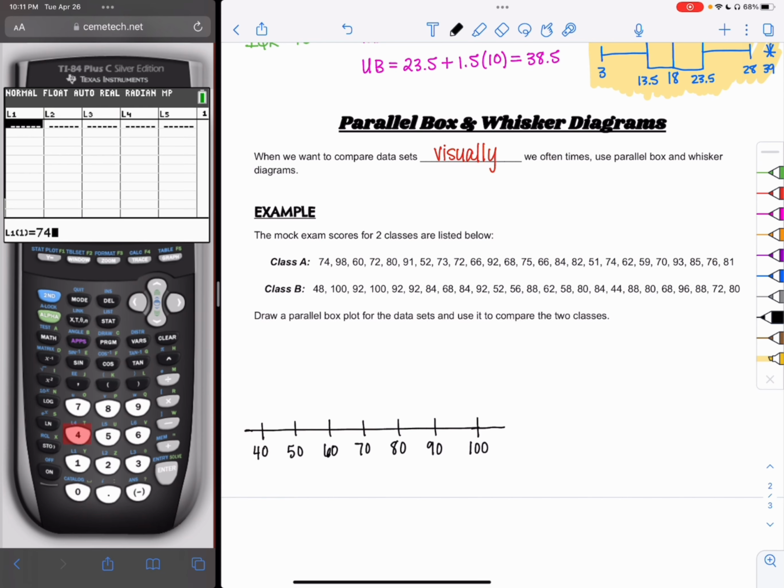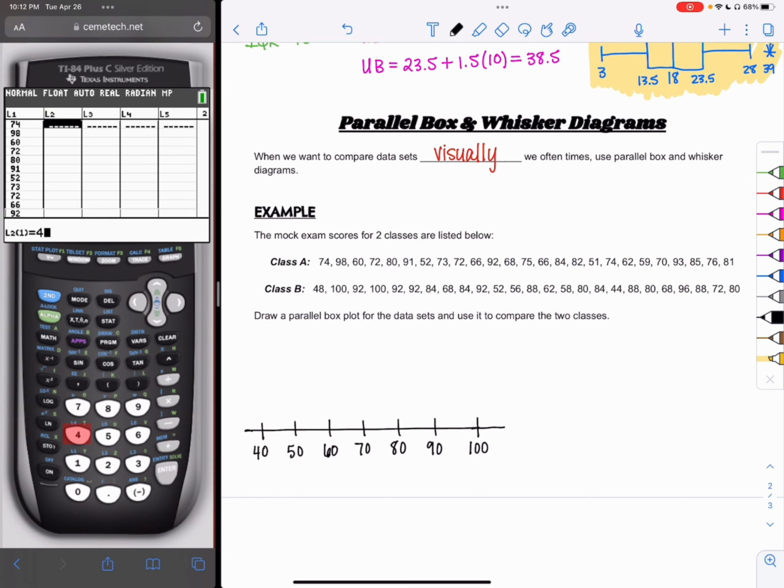So that's going to be 74, 98, 60, 72, 80, 91, 52, 73, 72, 66, 92, 68, 75, 66, 84, 82, 51, 74, 62, 59, 70, 93, 85, 76, 81. All right.